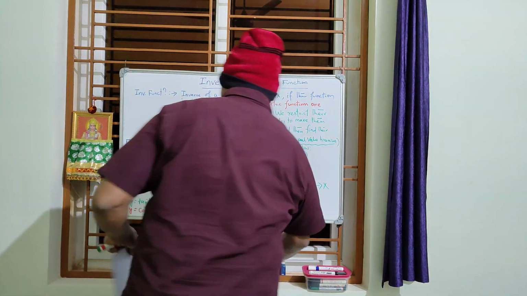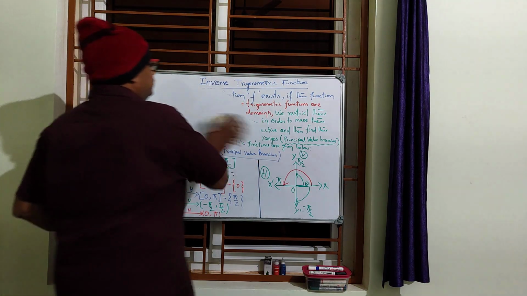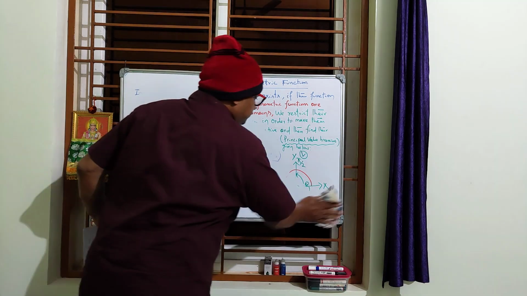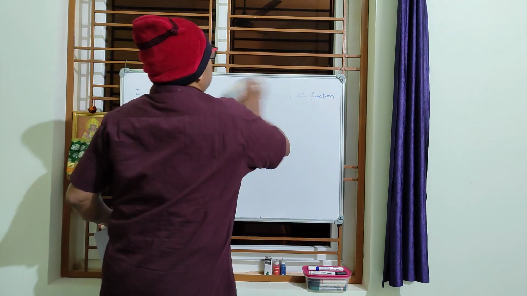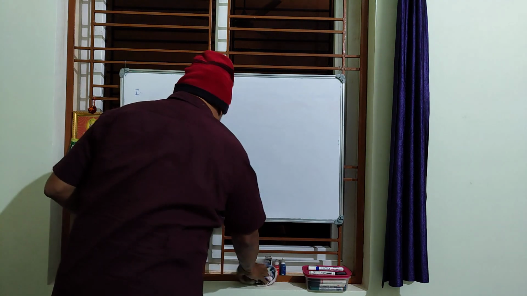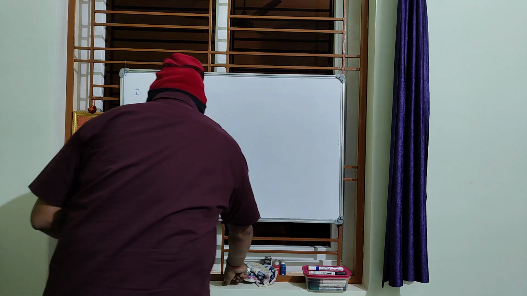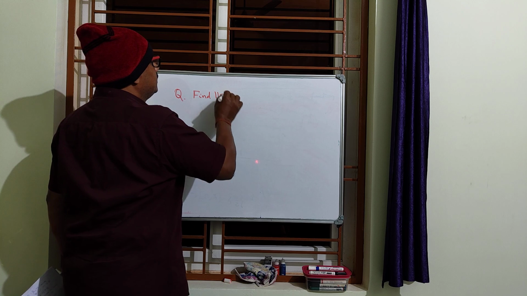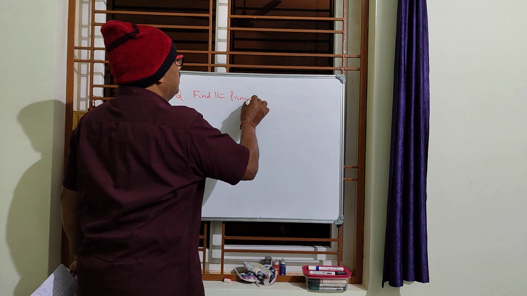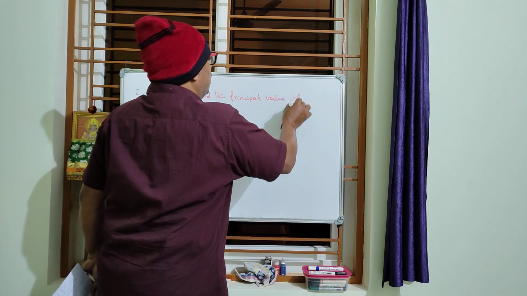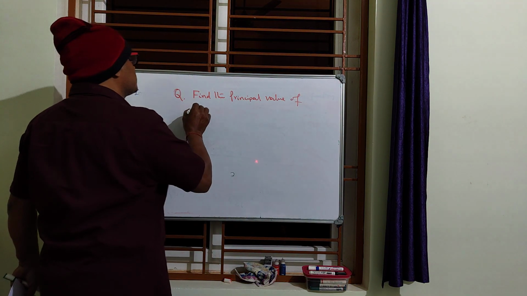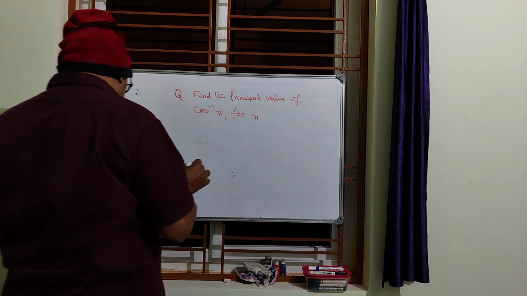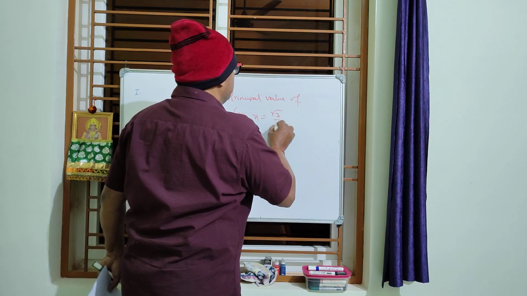Let it be. Write the problem first. Find the principal value of cos inverse x for x equals root 3 by 2.